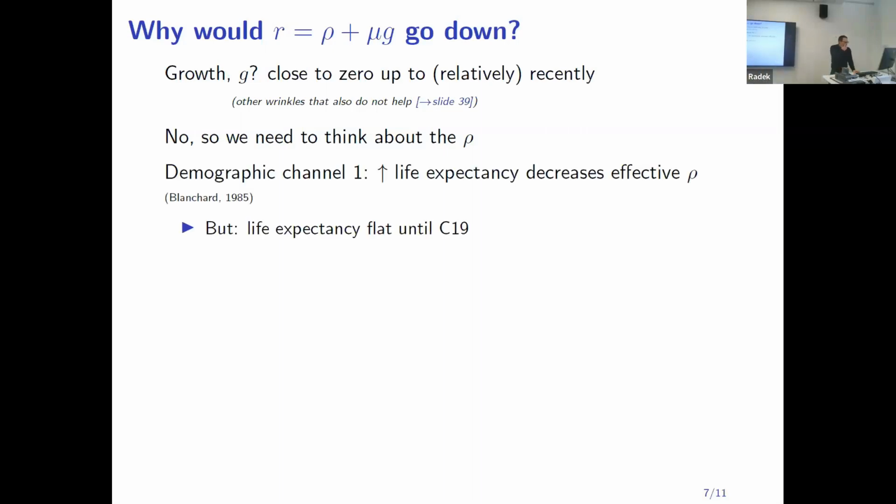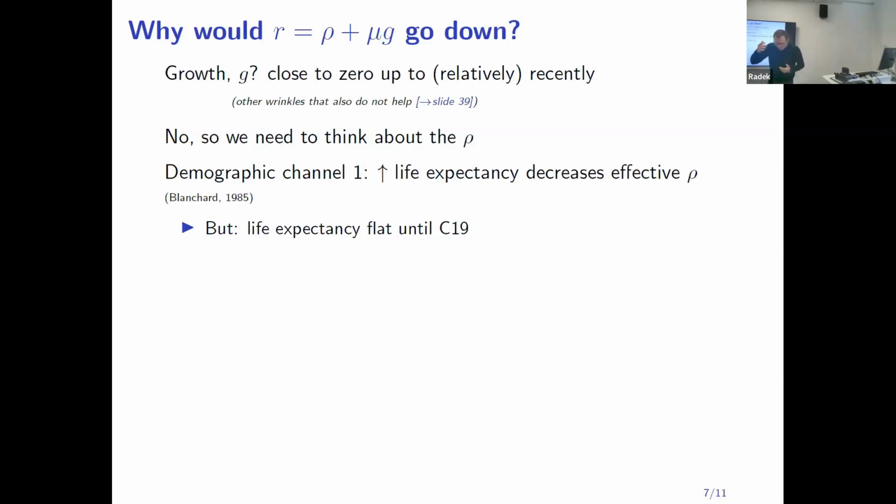One particular idea of why rho might be changing is because society as a whole is changing. One idea that could potentially explain this is a demographic channel brought up by Blanchard: maybe life expectancy has been increasing, and that decreases the effective level of patience in the economy. It turns out that works, but only after the 19th century. Why?